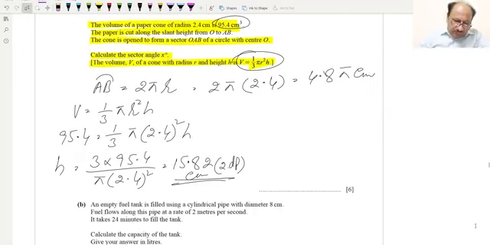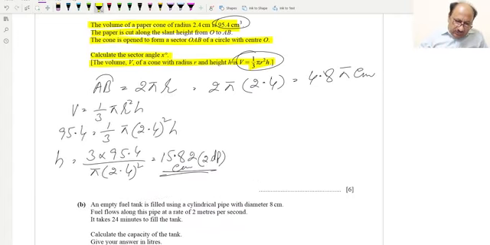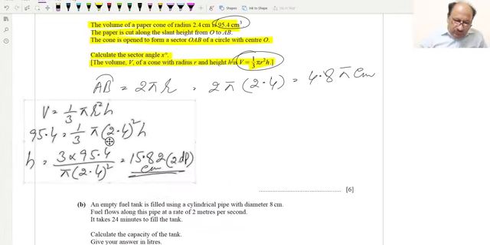So x will be equal to, what I will do, I will just shrink a little and move this one.